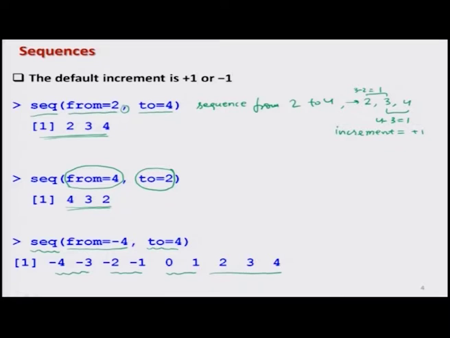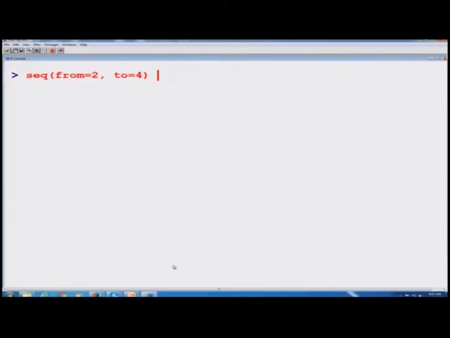Let us try to see this example on the R. Now, let us have the first example in which we are trying to generate a sequence from 2 to 4.